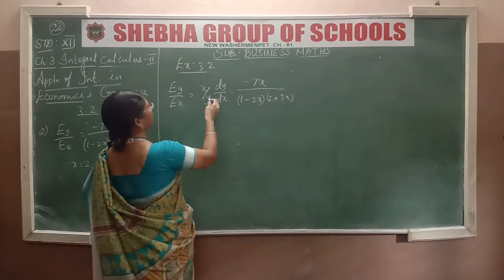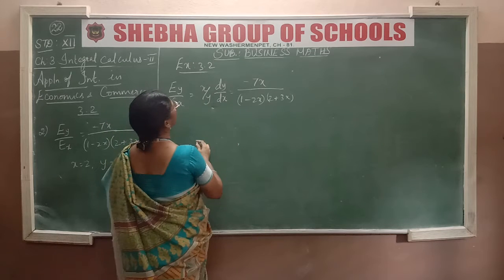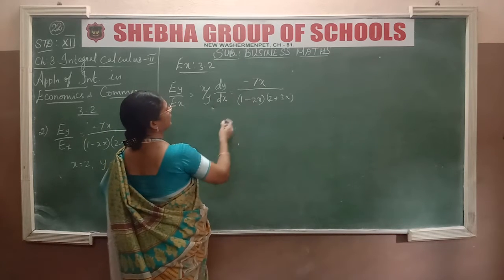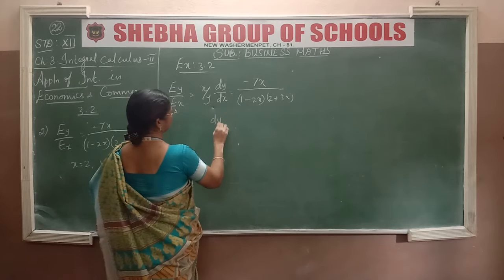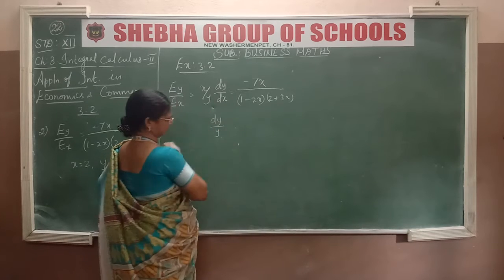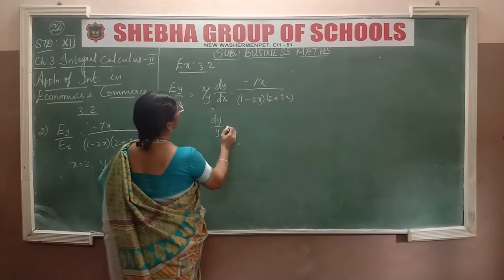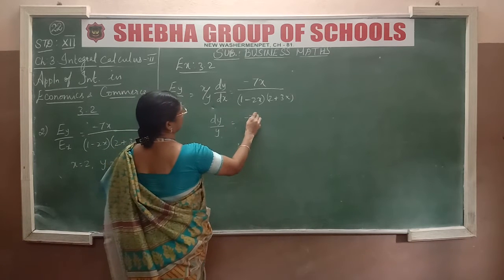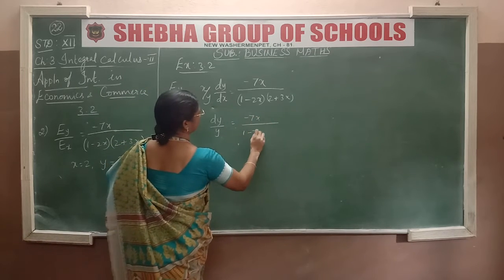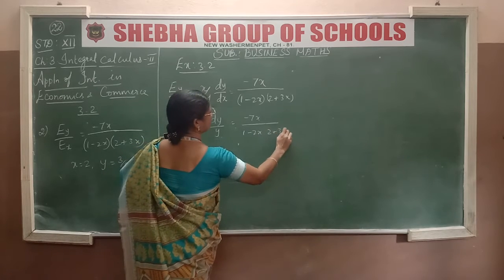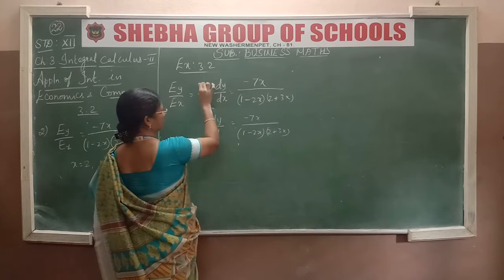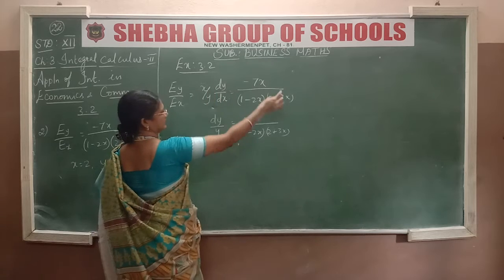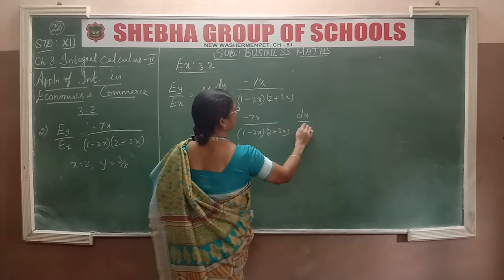Now taking the y function to the left and the x function to the right-hand side, our left side is dy by y. So using variable separable form, this equals minus 7x by (1 minus 2x)(2 plus 3x). Bring the x to the right-hand side, we get dx by x.